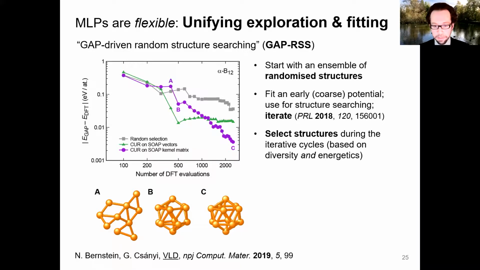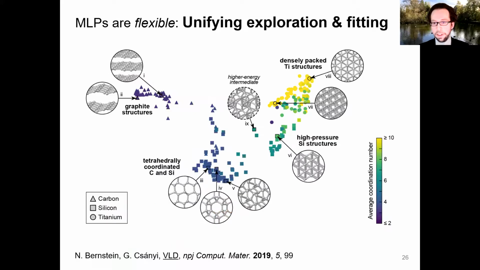Those are the crystalline phases. But in fact, if you now go and see what kind of training databases this generates and how you're sampling structure space, you are describing a variety of crystalline phases, but you're also discovering more disordered regions of configuration space. And this is one of the key findings.